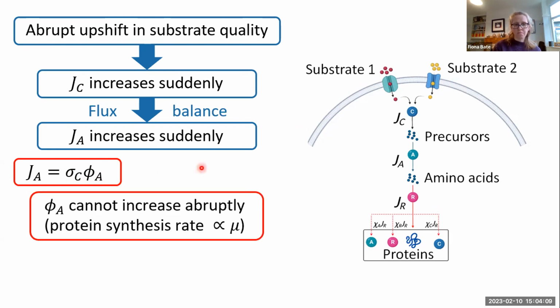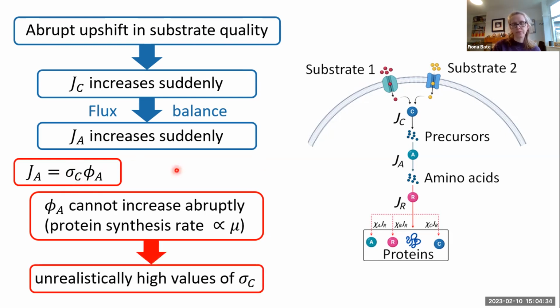Now phi A cannot increase abruptly because the protein synthesis rate is directly proportional to the growth rate. And we know that the growth rate does not abruptly increase when you change the substrate. So the only other way to increase JA suddenly is to increase the amino acid synthesis flux here. But this can lead to unrealistically high values of sigma C.